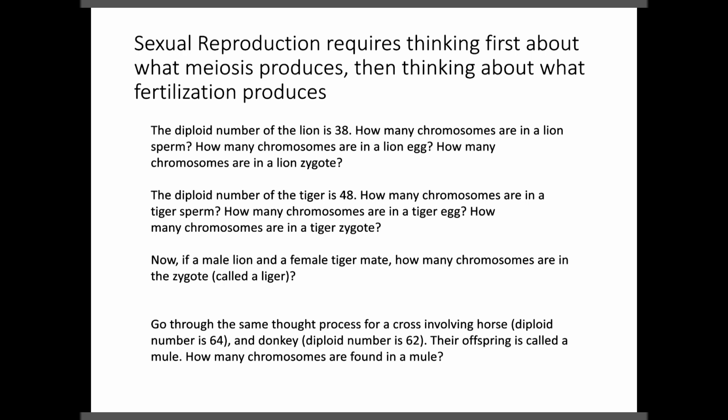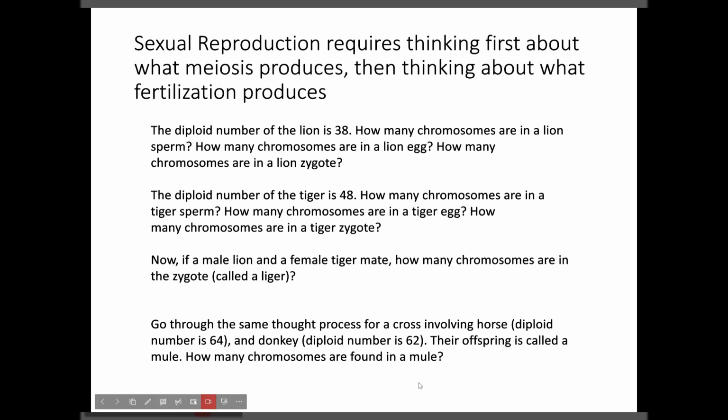And we know that sperm and egg are gametes, the products of meiosis, so those have half the normal number. So if the diploid number of the lion, two sets of chromosomes, is 38 chromosomes, then one set of chromosomes would be 19.